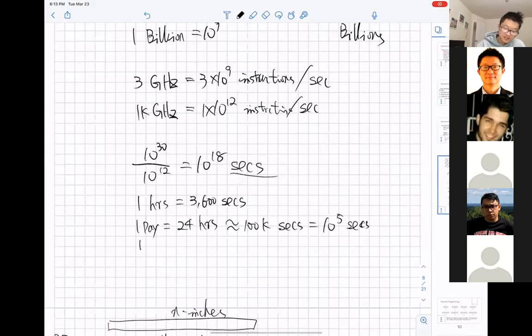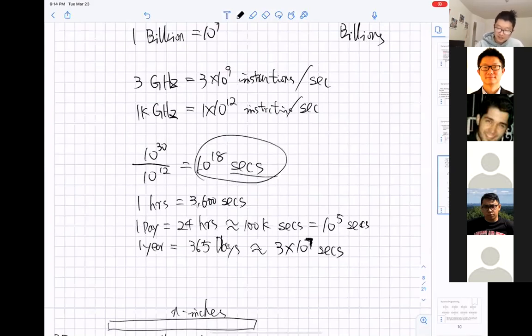And 1 year is 365 days, so it is around 31 million, let's make it around 3 times 10 to the power of 7 seconds.